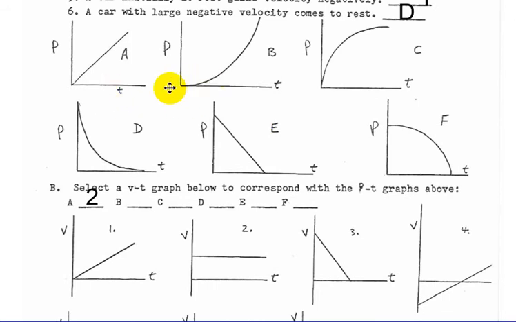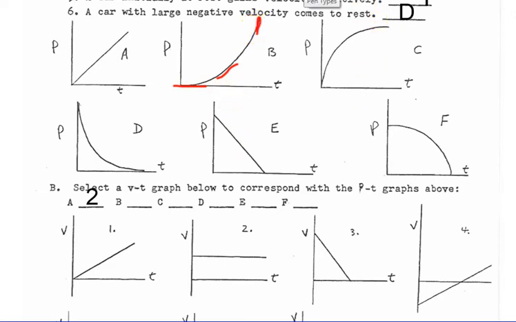Graph B, so if you look at a couple of different points here, slope is 0 right there. Tangent line here would mean slope is that, and then slope is that. My tangent line isn't very good. So initially 0 velocity, small positive, large positive.